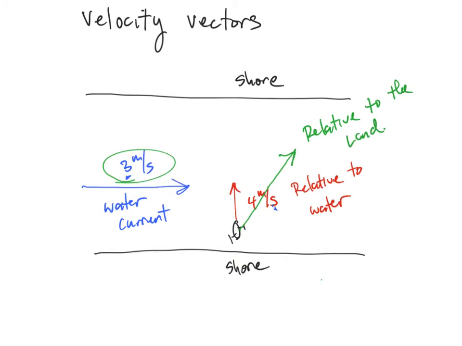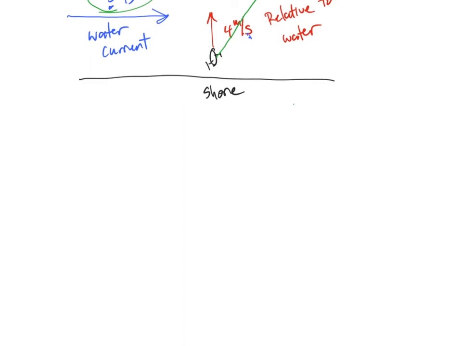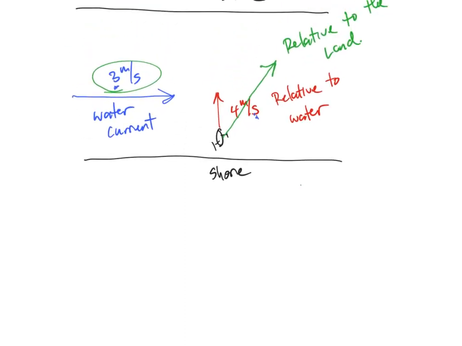And to do that, it might be clear to you that we can combine our two starting vectors. In other words, we can combine the 4 and the 3, and since they're at right angles, we're going to use the Pythagorean Theorem. So let's do that. I might simplify this situation by drawing a diagram like so. I've got 4 up, and I've got 3 to the right, and I've drawn the vectors tip to tail.